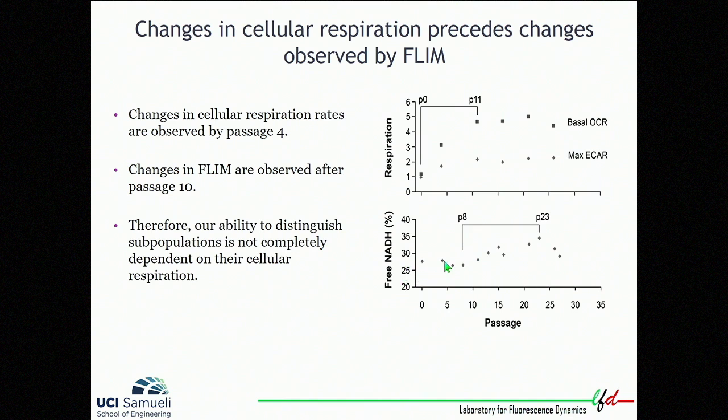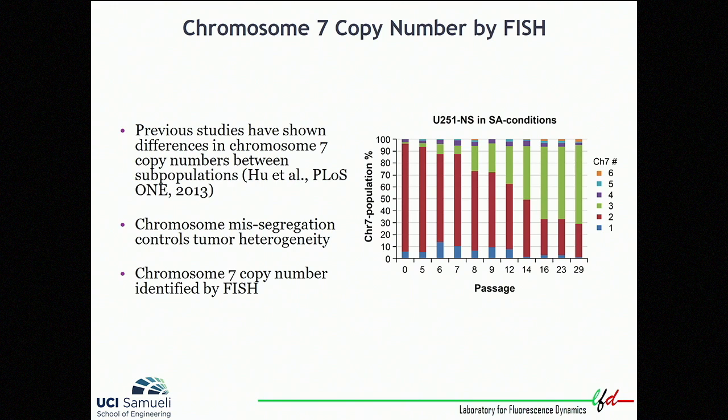Where the free NADH change, what we see with our lifetime information, starts at around passage 8, so a little bit further shifted in time. So the question is, could this change be due to other types of interactions? Previous studies have shown that there are differences in chromosome 7 copy number between subpopulations.